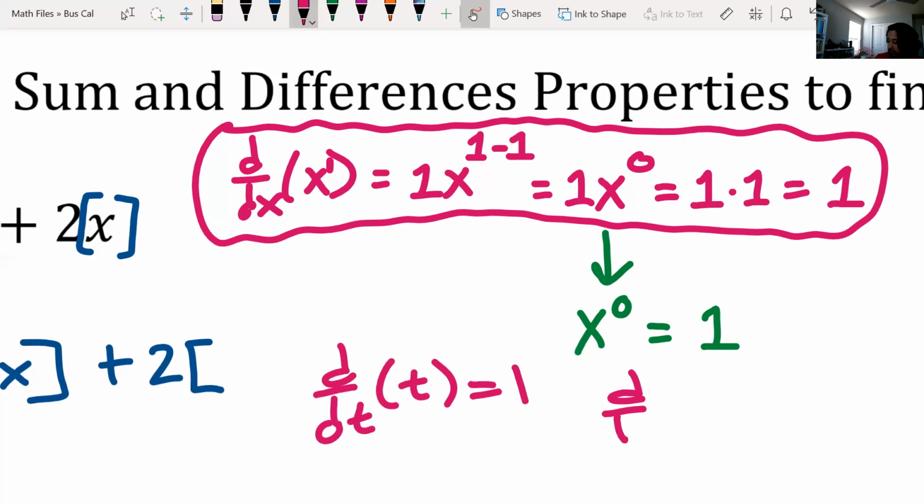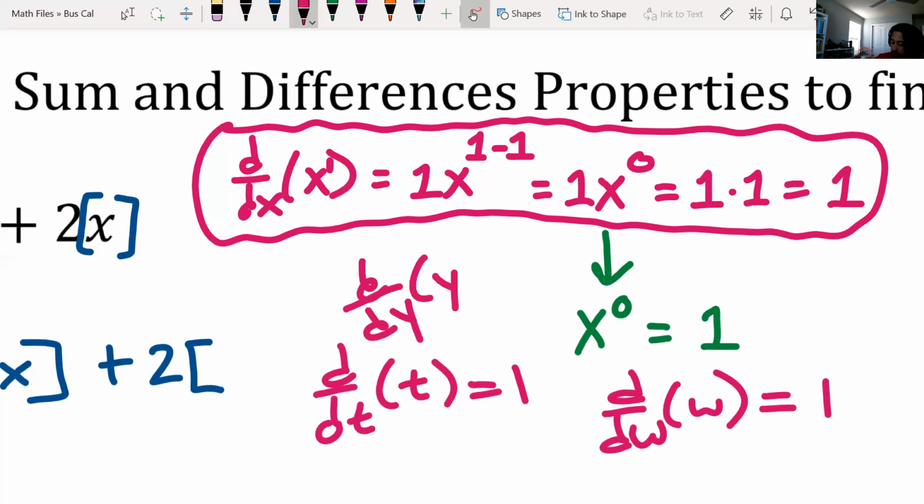If I said d over dw of w, the derivative would still be 1. If I said d over dy of y, the derivative would still be 1. So if it's a single variable to the power of 1, the derivative will always be 1.